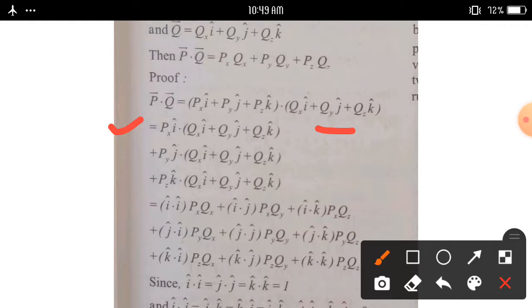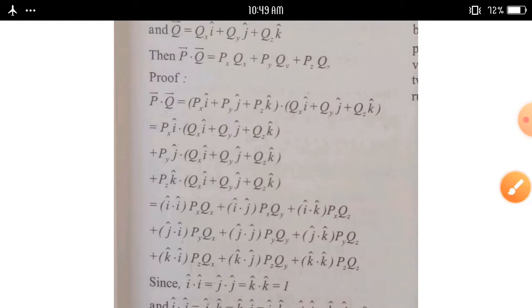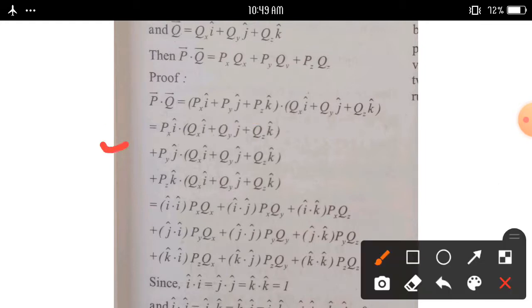Multiplying each term in the bracket, we can write px i cap into qx i cap plus qy j cap plus qz k cap, plus the next term, py j cap into qx i cap plus qy j cap plus qz k cap, and plus pz k cap into qx i cap plus qy j cap plus qz k cap.